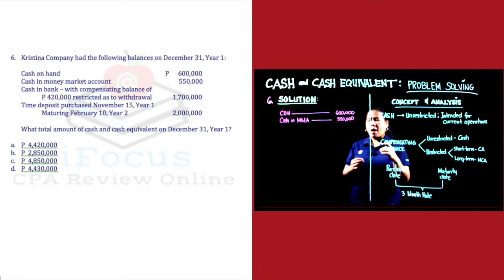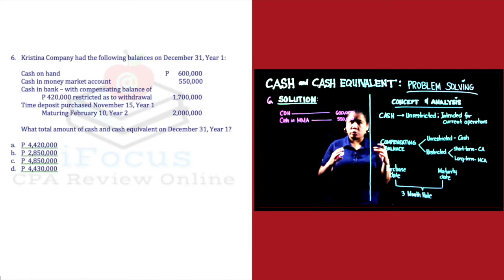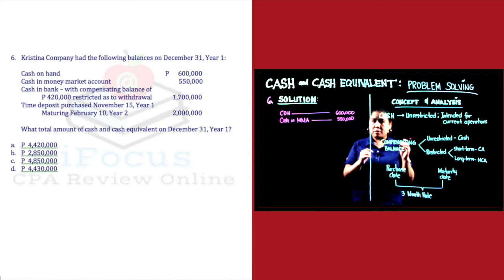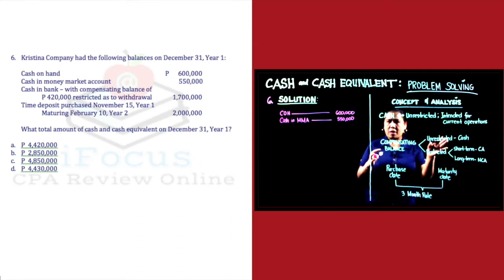Itong compensating balance pwedeng maging restricted as to withdrawal or unrestricted as to withdrawal. So kapag ang compensating balance na ito ay unrestricted, we classify this as cash, okay? Kapag ang compensating balance ay restricted as to the withdrawal, then we cannot classify this as cash. Alright?